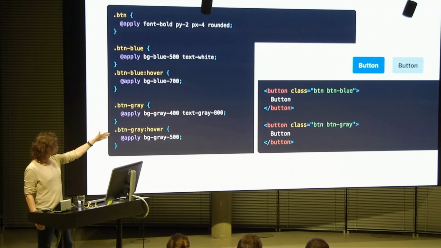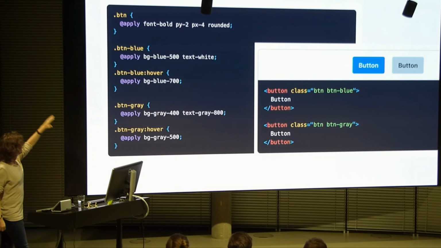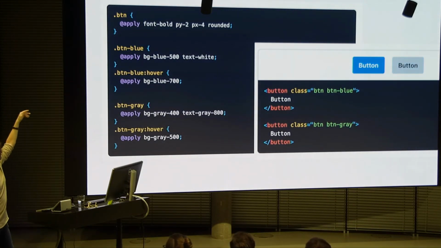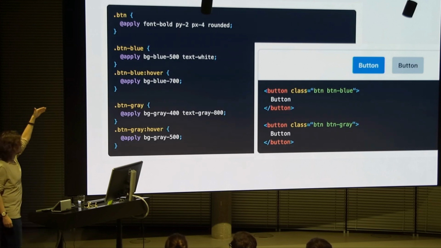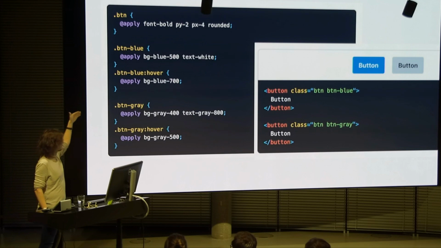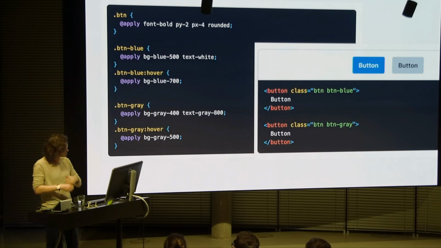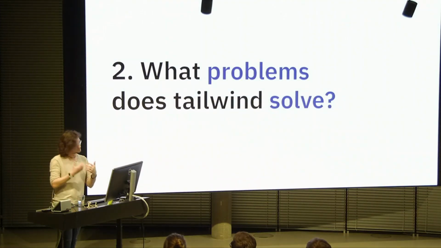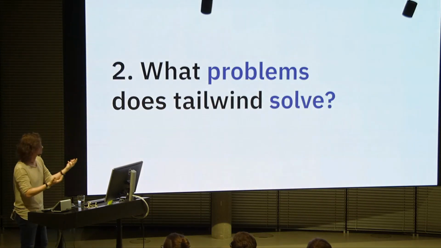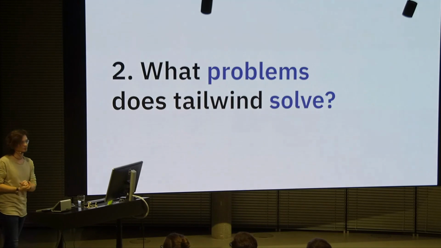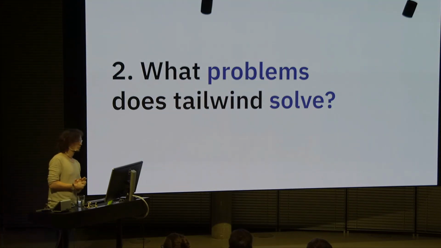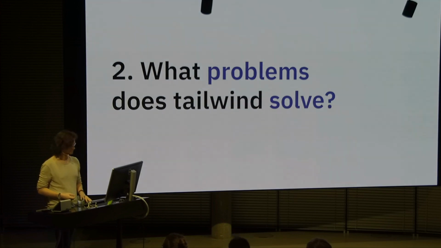So you could create custom classes and you build like a button with all the stuff which they share, and then you have more specific for the blue one, for the gray one, and you have hover classes. So you have many different ways to approach stuff. So this is the Tailwind way. You combine your utility classes to really style your DOM. So what problems does this solve?